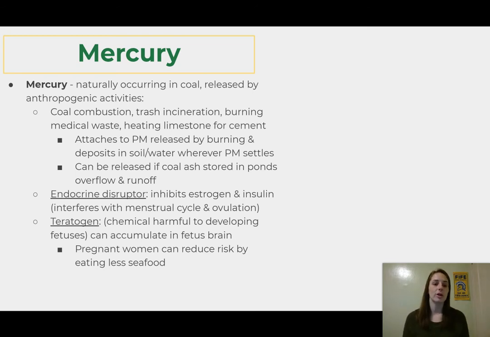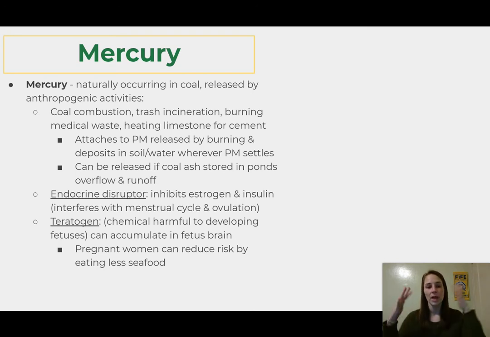Now, as I said earlier, mercury is an endocrine disruptor, and this is because it inhibits estrogen. It also messes with insulin as well, but when it inhibits estrogen, this is going to interfere with the menstrual cycle and ovulation. Then we also have teratogen, and that's a chemical that's harmful to developing fetuses and can accumulate in a fetus's brain.